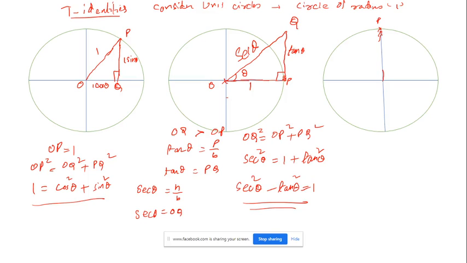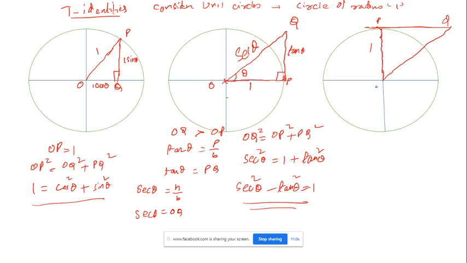This I am assuming to be 1, and B is here. Same thing here, I have drawn a perpendicular to the x-axis. Now I will be drawing a perpendicular to the y-axis. So let us join here. This is Q.